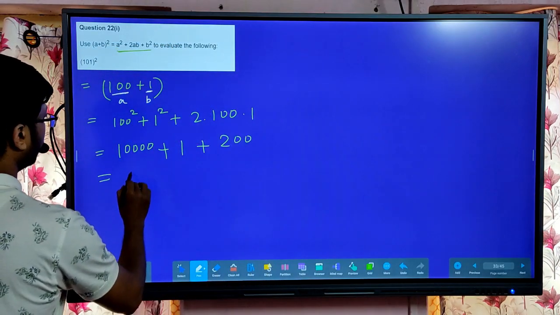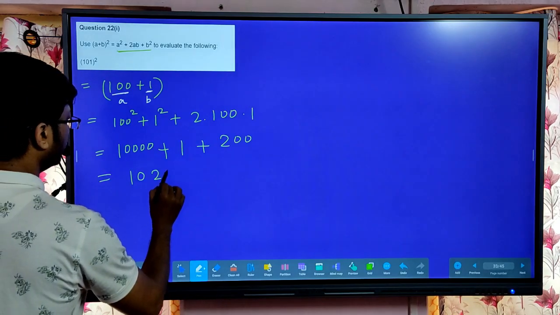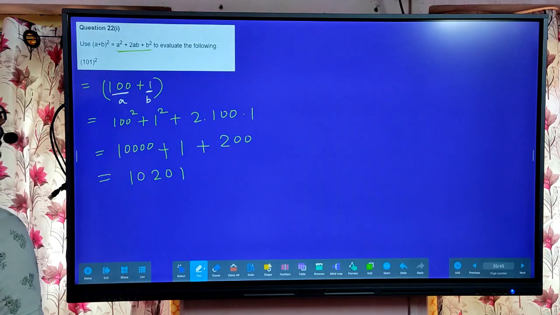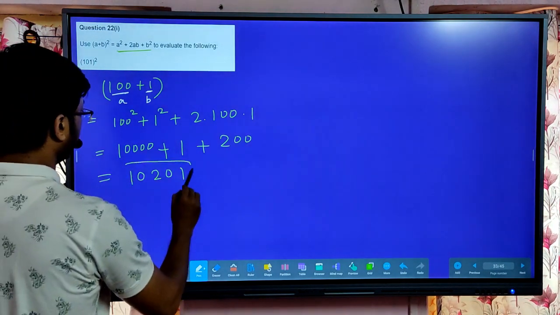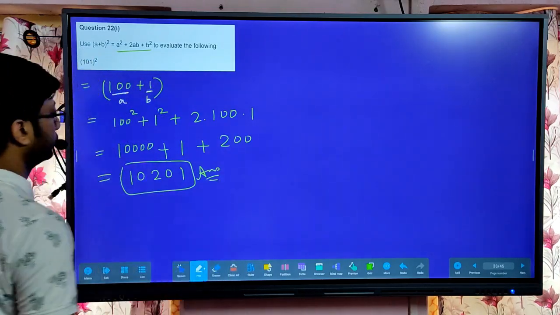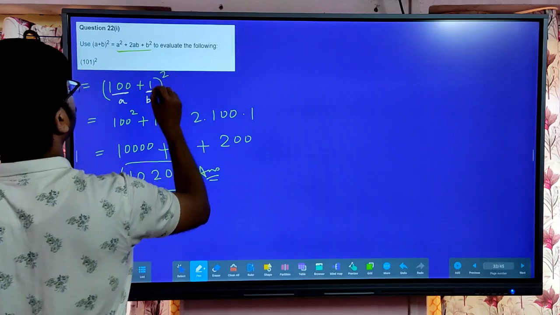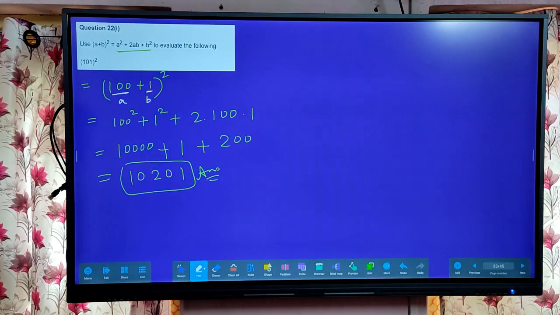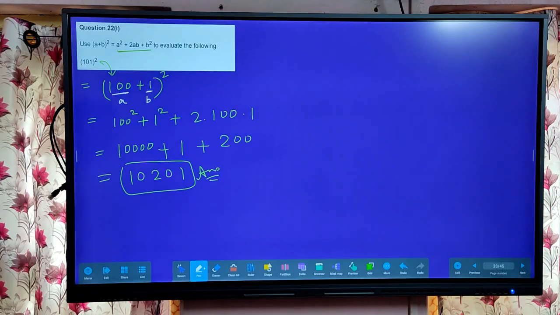So it will be 10,201. This will be your answer. Check it. Very easy. So this is whole square. 101 whole square can be written as 100 plus 1 whole square.